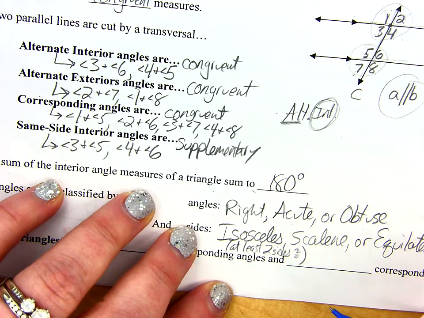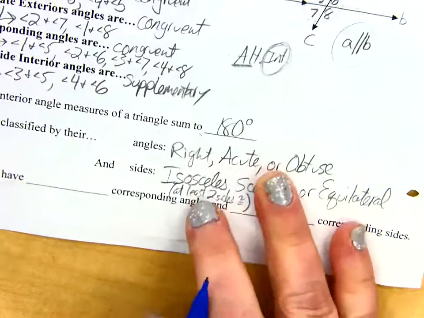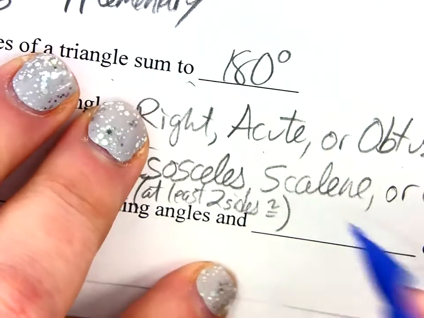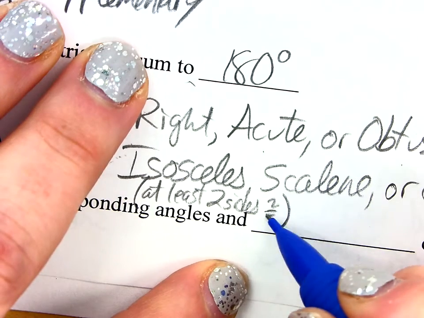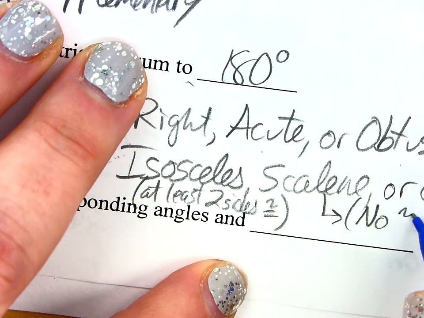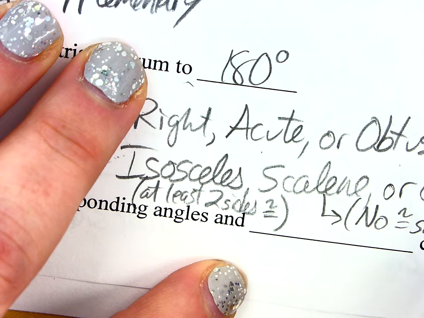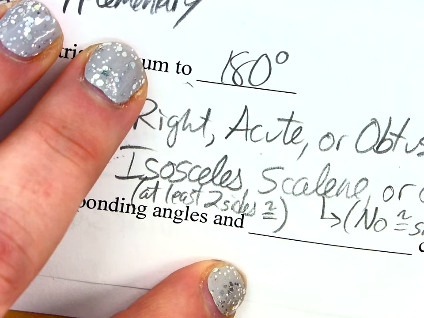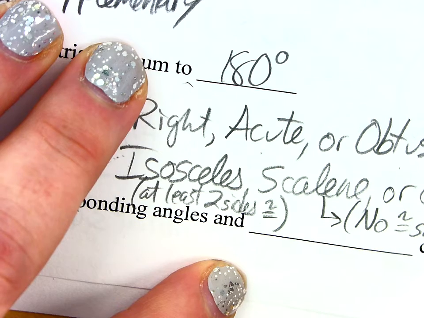Remember that symbol for congruent, the equal sign with the squiggle? Oh, you can't even see. Remember that? Scalene has no congruent sides. And equilateral, of course, has all congruent sides, yes.